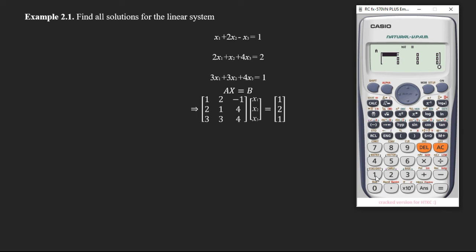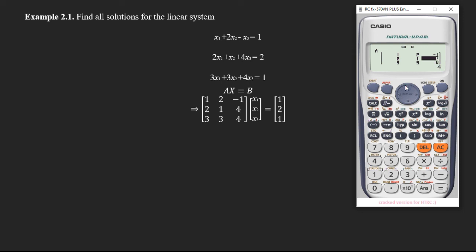Now to enter the matrix, I press 1 for the first entry and then press equal, and the first entry is assigned. Then 2 and equal, -1 and equal, 2 equal, 1 equal, 4 equal, 3 equal, 3 equal, and 4 equal.